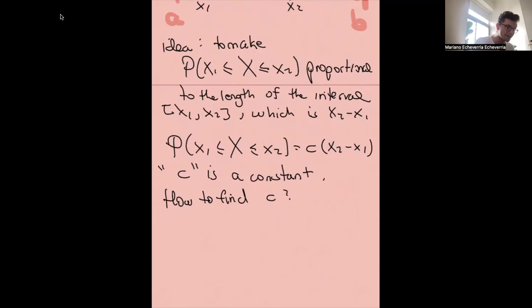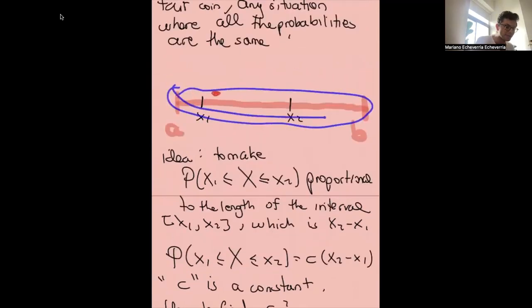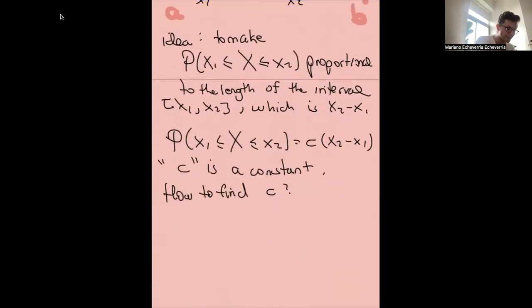But if the interval is finite, imagine that the particle can really only be inside this interval. So let's say that the particle, or x, can only take values between a and b.